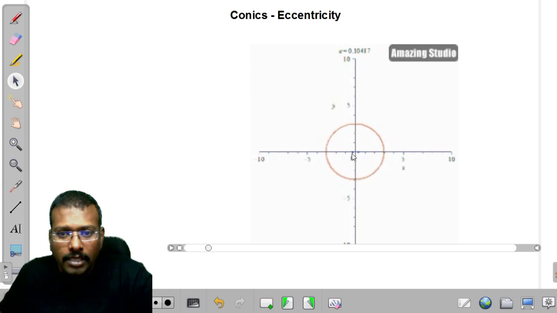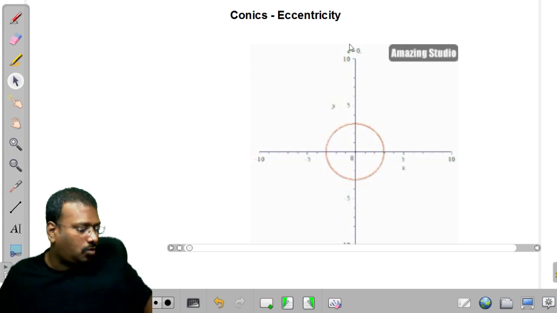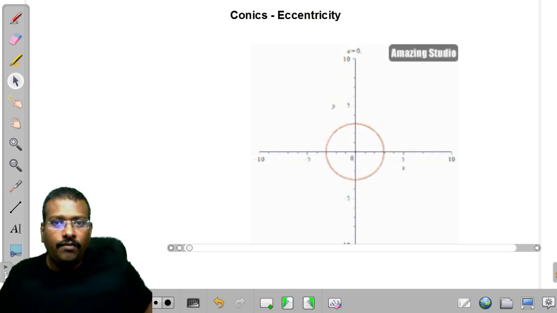And here 2 points, if you observe here and here, they are moving away. Previously they coincide. Now you are observing only 1 point, and here it is showing 0. Here it is showing 0. Are you observing, my dear friends? Wherever my cursor is placed, here E is 0. Here it is going to be a single point.